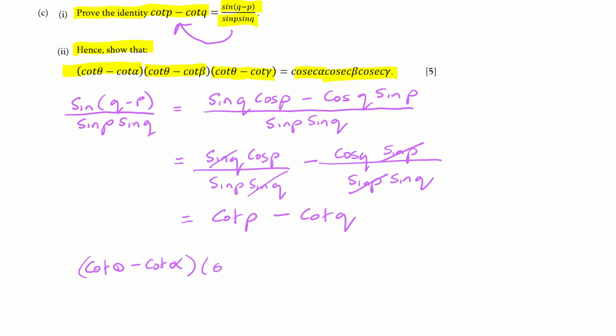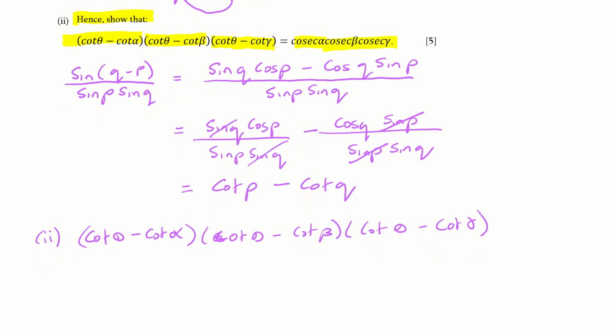Using the identity we just proved in part 1, the first one is going to be sine of alpha minus theta over sine alpha sine theta.